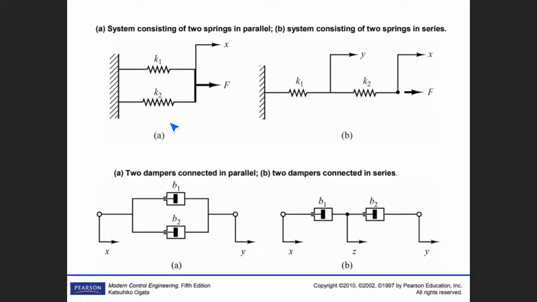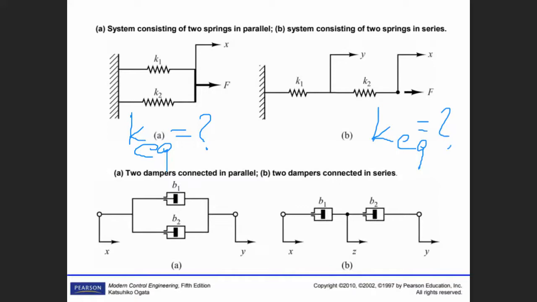Let me look at this one for example. K equivalent is required, and for that one K equivalent is required.